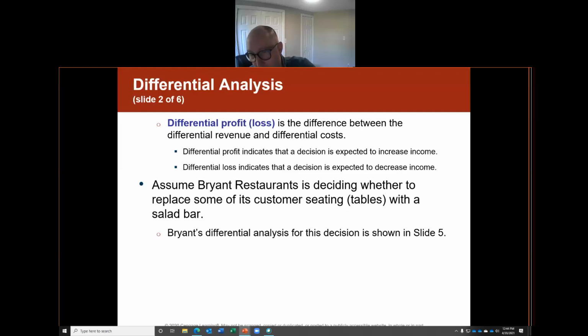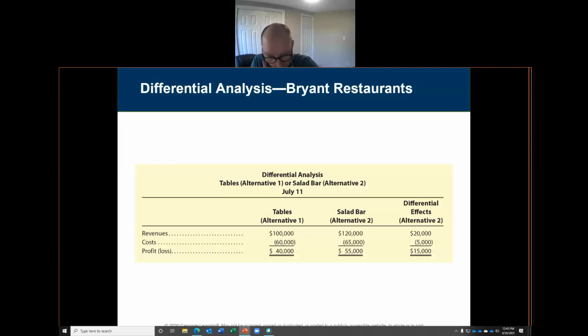In the restaurant business, we know that there are certain methods that we can use to generate additional revenue, and some of those ideas involve things like salad bars. So let's take a look at this example. We have two alternatives. We stick with our current tables. That's alternative one. Alternative two, we put in a salad bar.